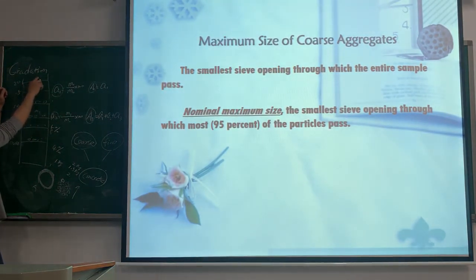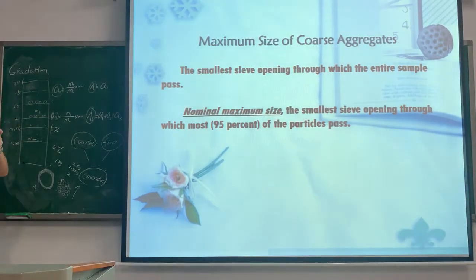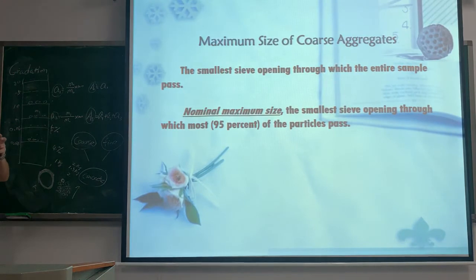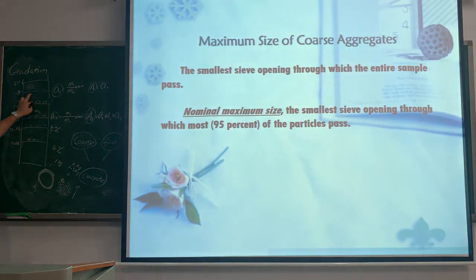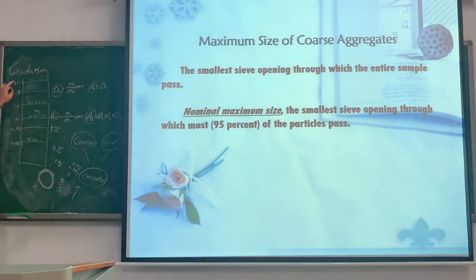There is no aggregate in here. It means all particles, all aggregates pass through this sieve. But for 15, they also all passed. But it is smaller than this one.